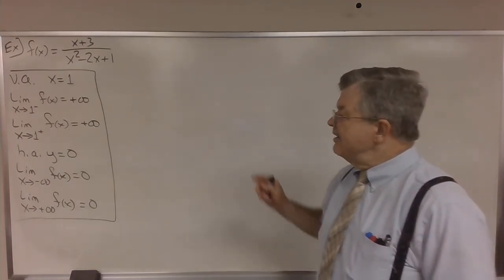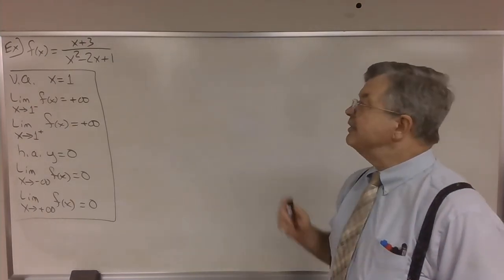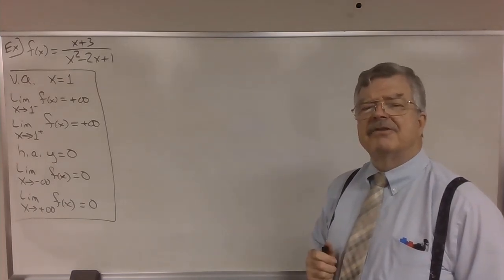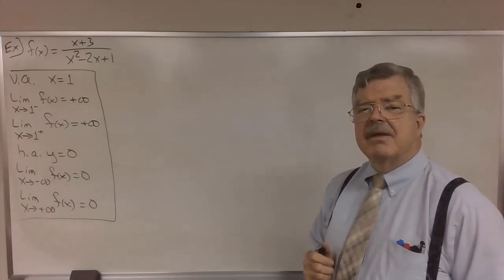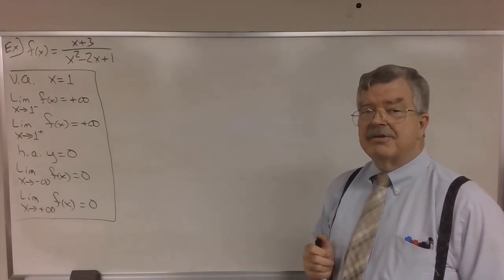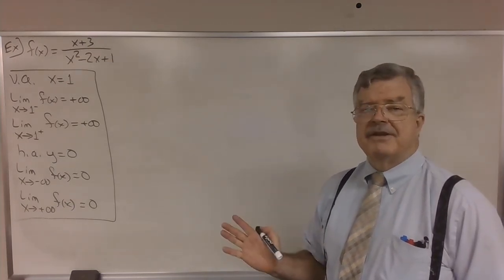So instead of necessarily using the x and y axes to draw our graphs with the vertical and horizontal asymptotes, we're going to use the vertical and horizontal asymptotes as our frames of reference, because these are important features of the graph.